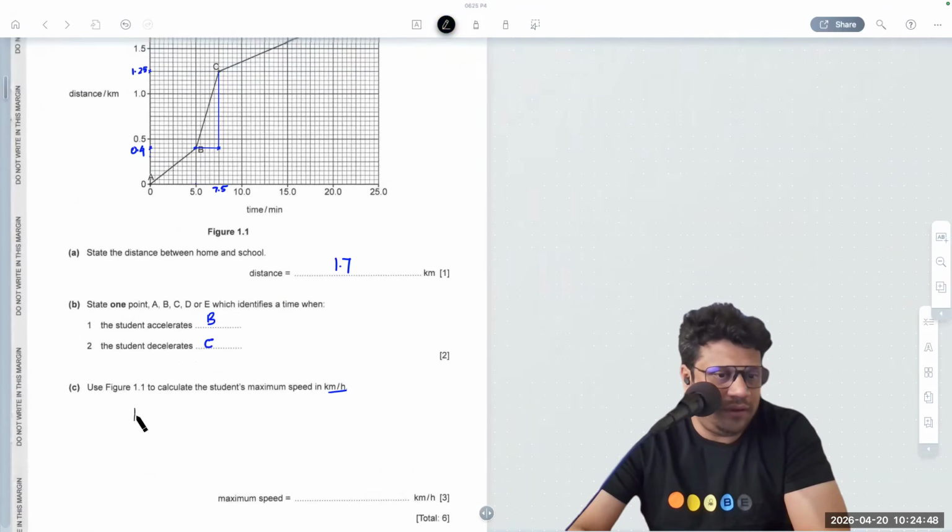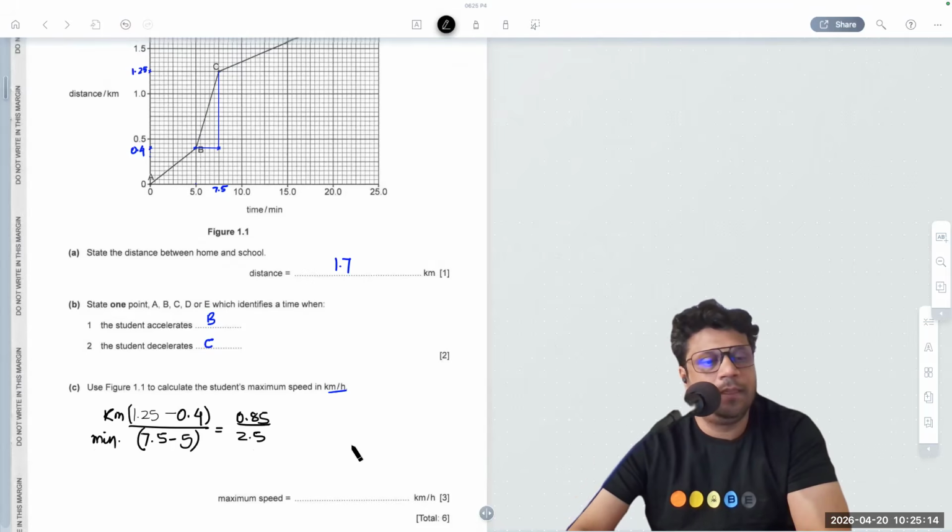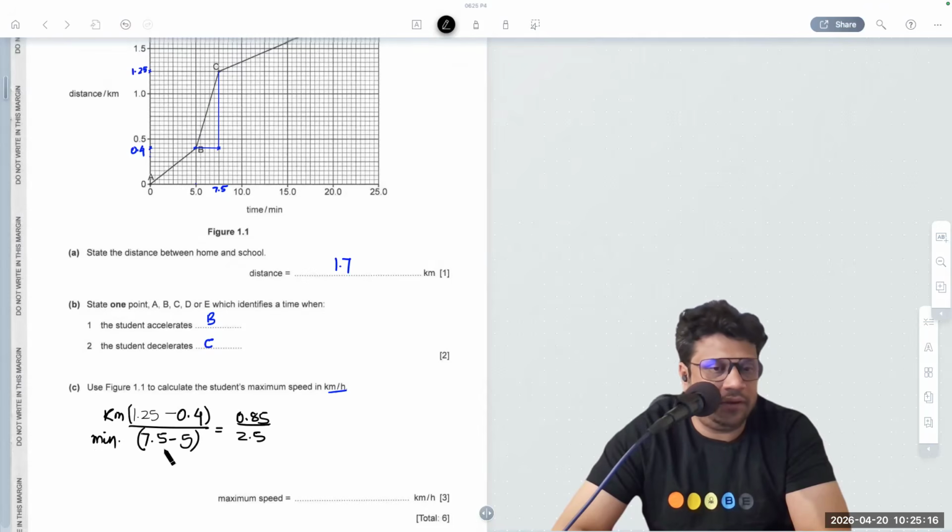y2 minus y1 divided by x2 minus x1. So that's 0.85 divided by 2.5. Now, we are talking about kilometers on the distance and minutes on the denominator, on the time.